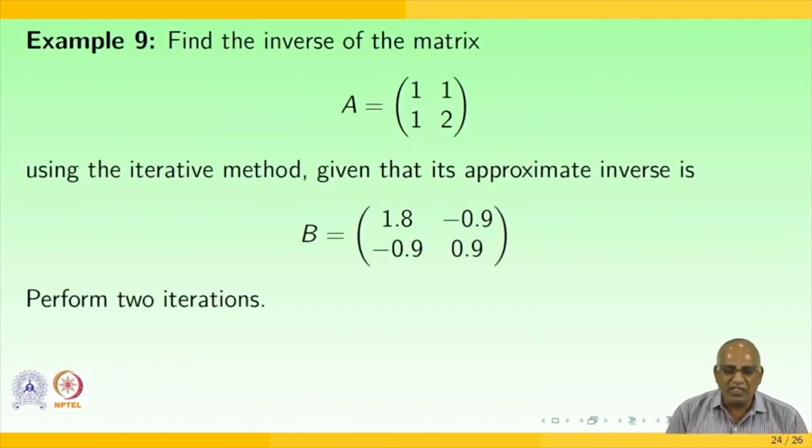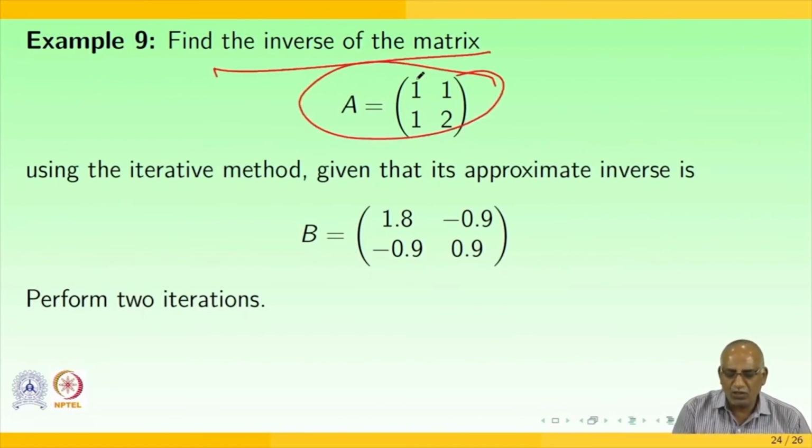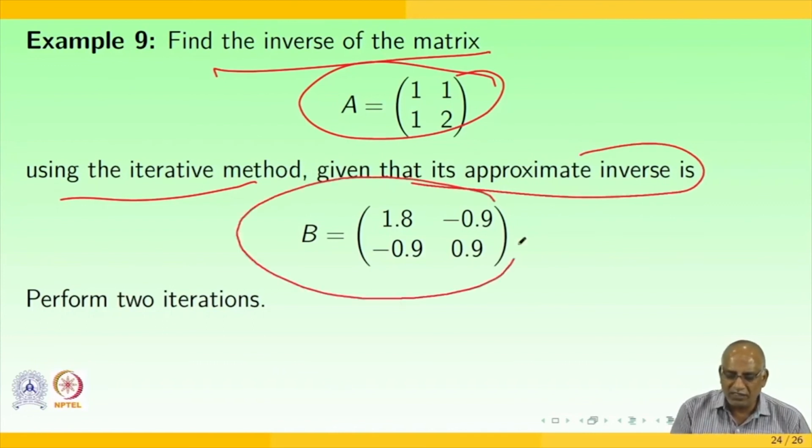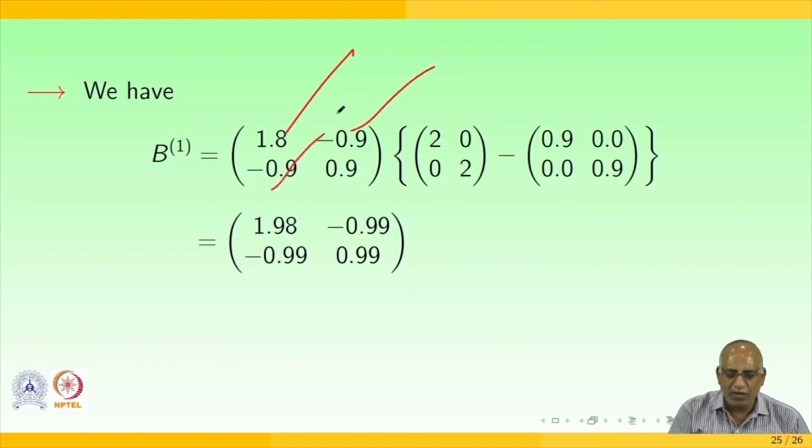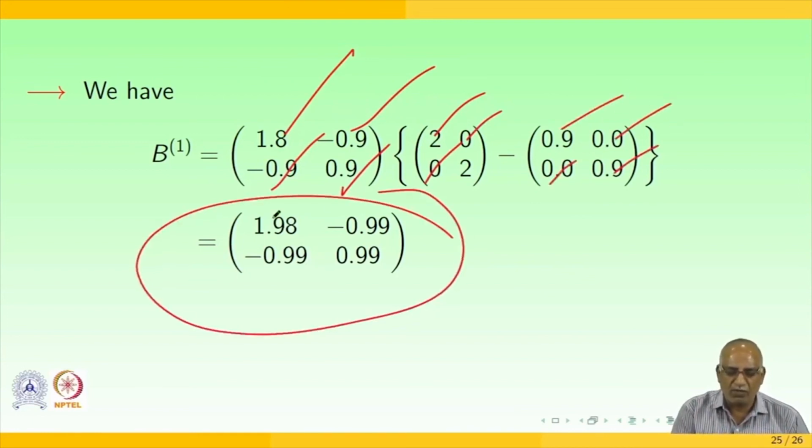You can see this from an example also. Let us take the inverse of this 2 by 2 matrix. Using the iterative method, this gives you an approximate inverse like this. Suppose you perform only 2 iterations, let's see that. B of 1 is equal to the matrix 1.8, minus 0.9, minus 0.9, 0.9, multiplied with 2I minus A B of 0, which turns out to be a matrix of this form.